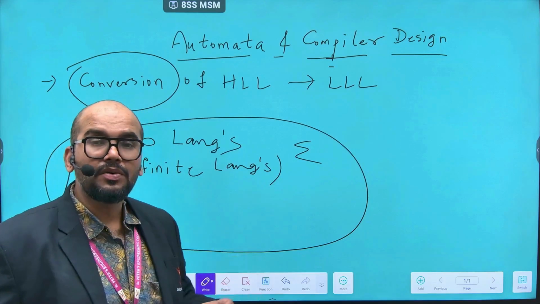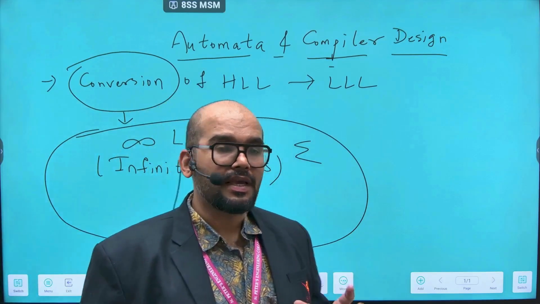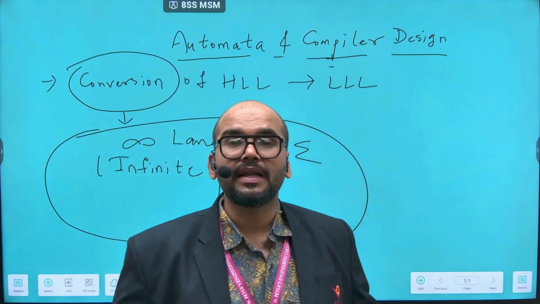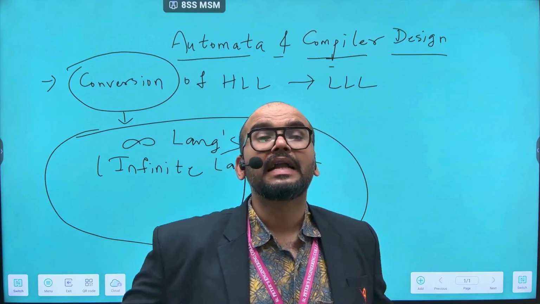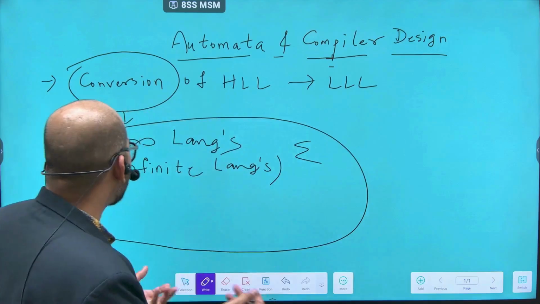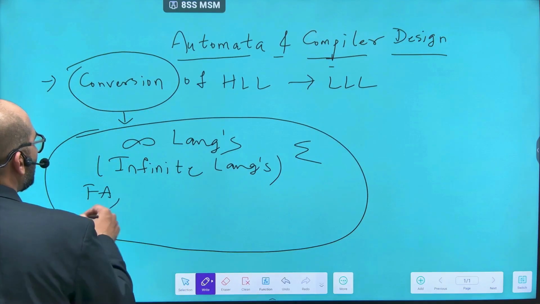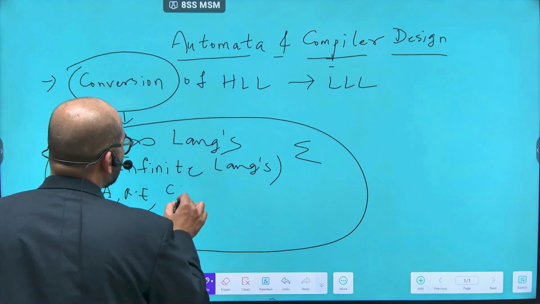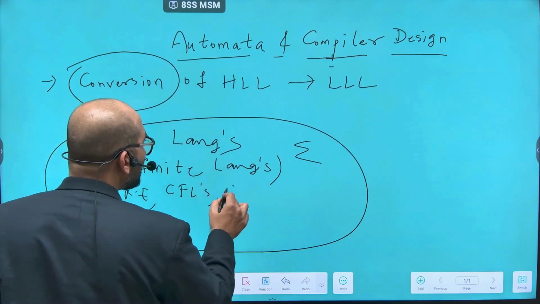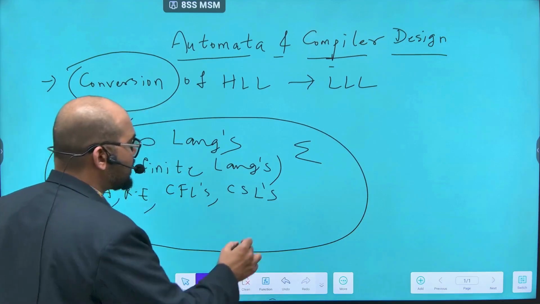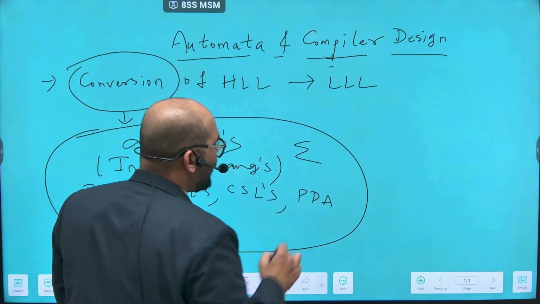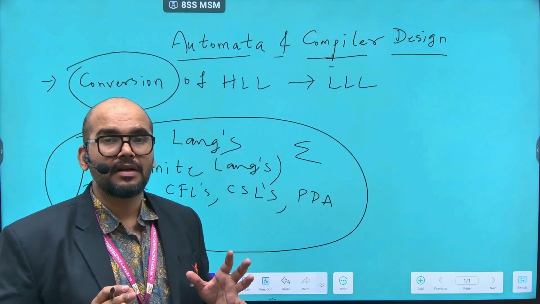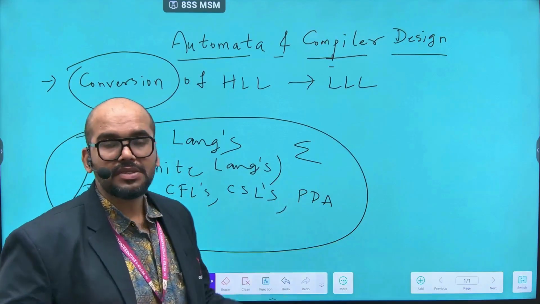So during this conversion, from high level to low level, our language goes through some number of transitions. The transitions can be finite automata, regular languages, CFLs, CSLs or PDA. Like that, our conversion process goes through some number of transitions.